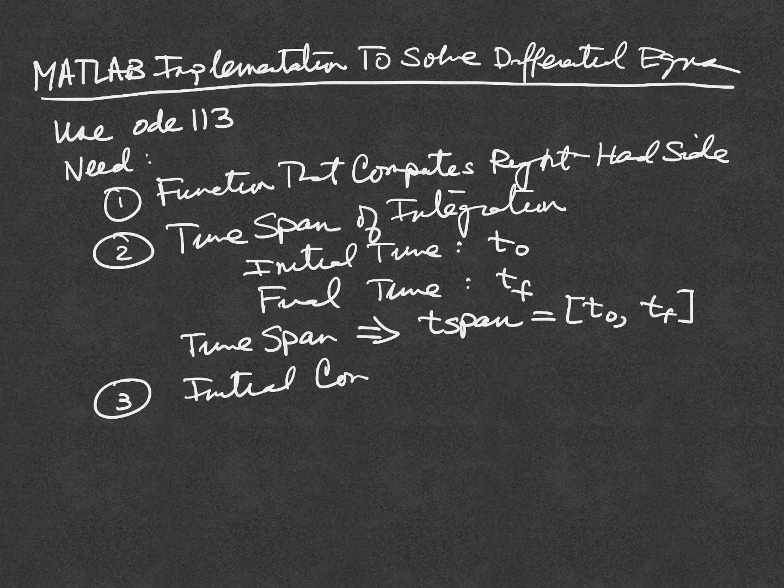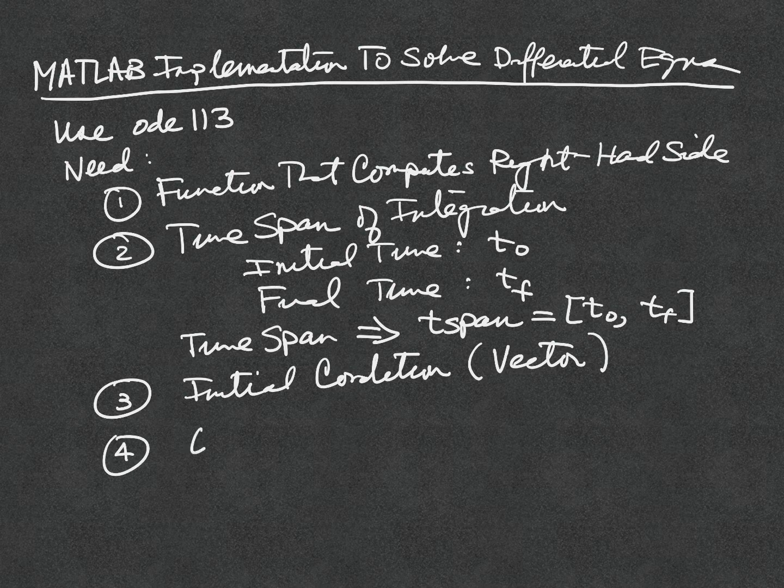This is important because this is a vector of initial conditions. We have 4 first order equations, which means we need 4 scalar initial conditions, which means we need a vector of length 4 in order to specify a full set of initial conditions for this problem. And then 4, we need some options for the solver. This is more of a specific thing for Matlab or ODE 113.